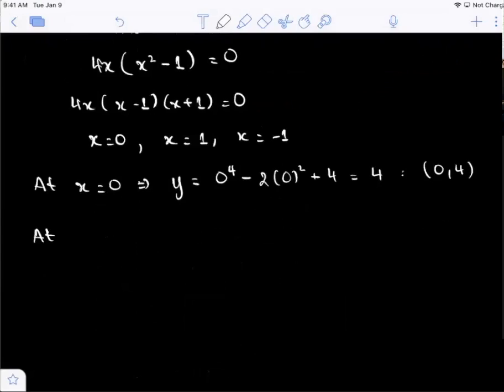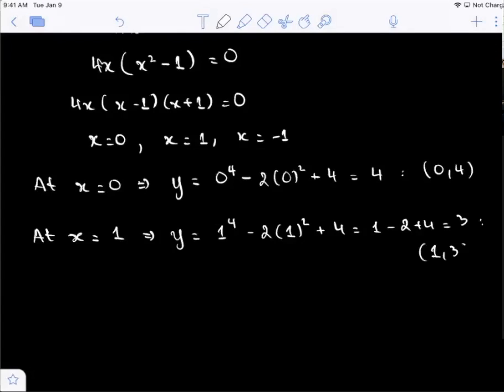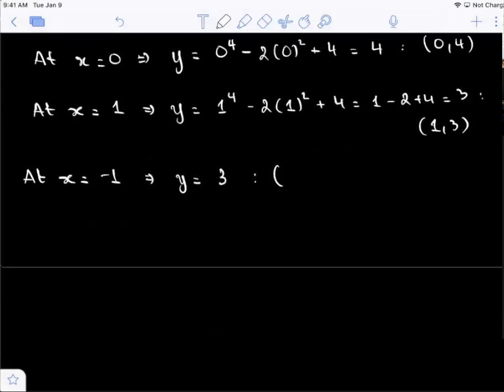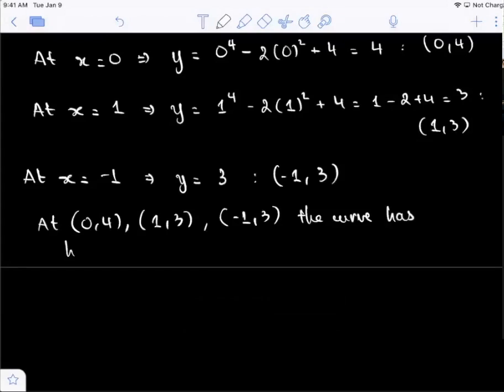At x equal to 1, y equals 1 to the fourth minus 2 times 1 squared plus 4. This gives me 1 minus 2 plus 4, equal to 3. So the second point is 1, 3. When x equals negative 1, the next point is negative 1, 3. So at 0, 4, 1, 3, and negative 1, 3, the curve has a horizontal tangent line.